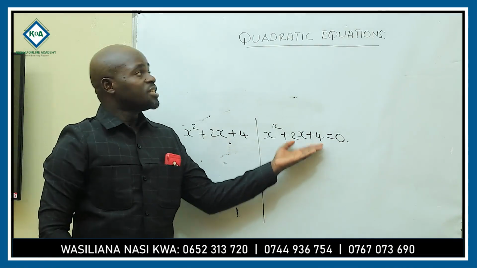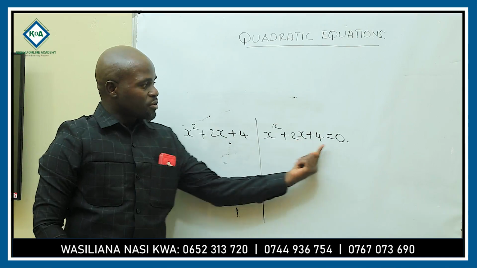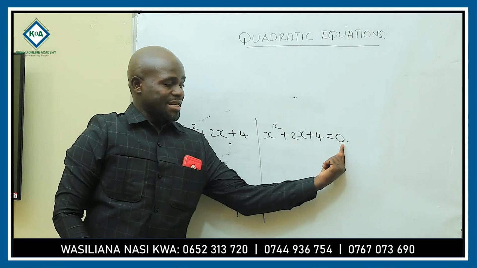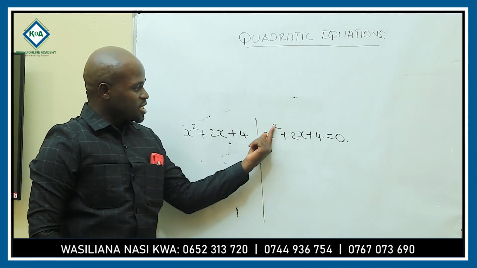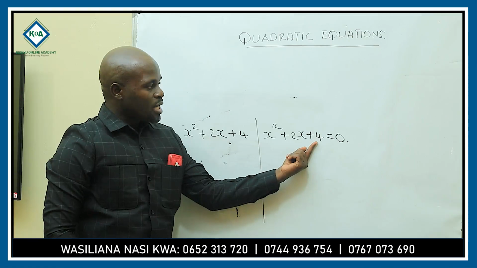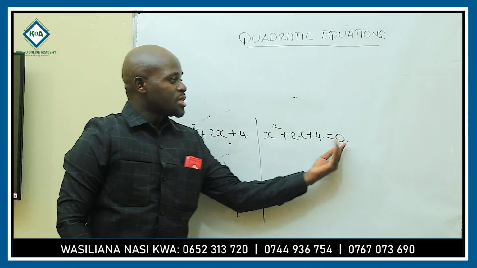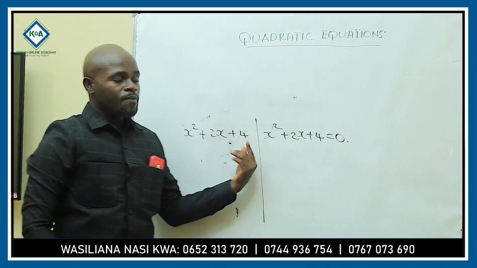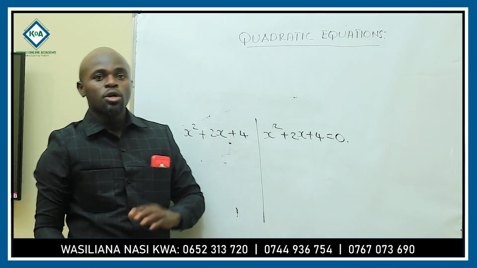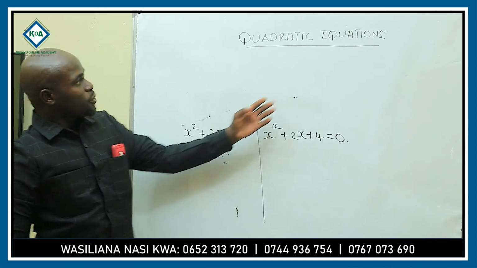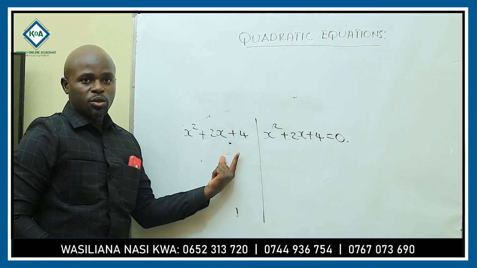But this is a quadratic equation because it has two sides. This is the first side before the equal sign, and this is the second side after the equal sign. So we have two sides here. The first side is x squared plus 2x plus 4, and the second side is 0. So we have the left-hand side and right-hand side. So if the expression has two sides, it means it has changed from an expression to an equation. But also in an equation, we have an equal sign, whereas in an expression there is no equal sign.